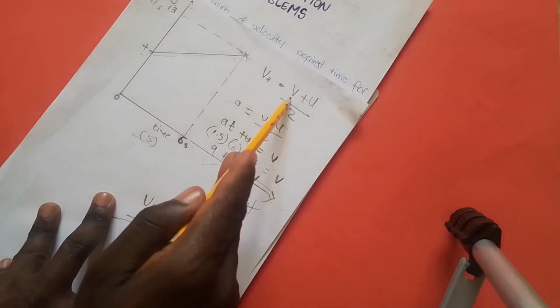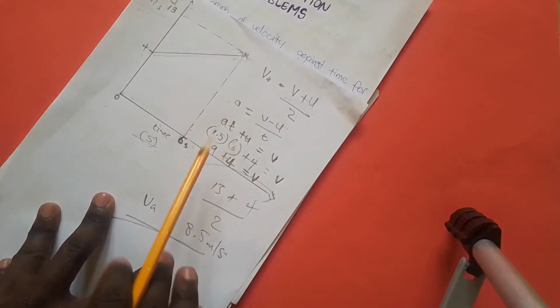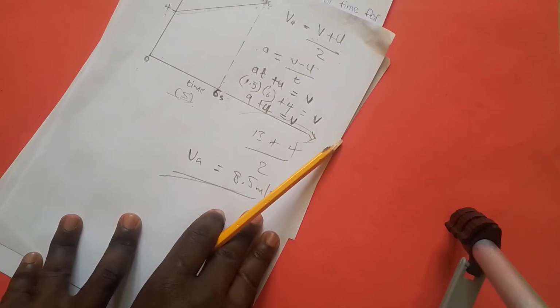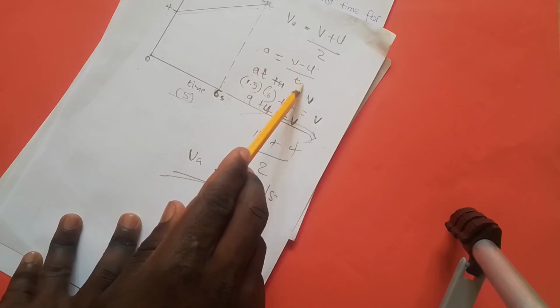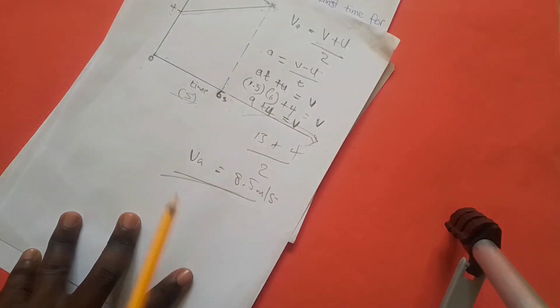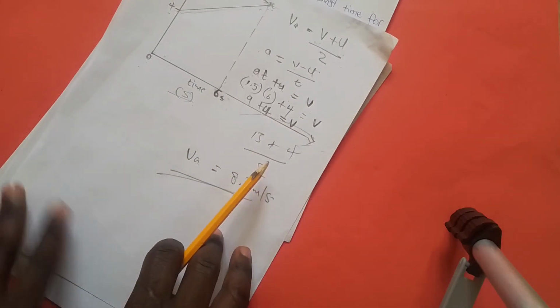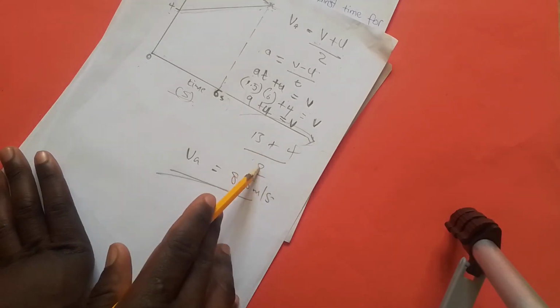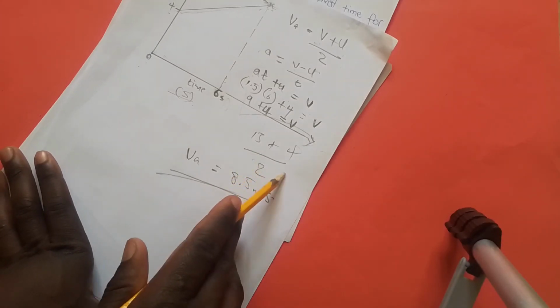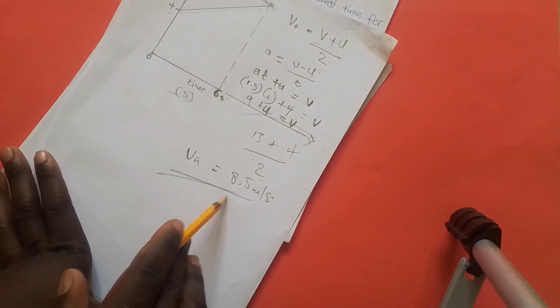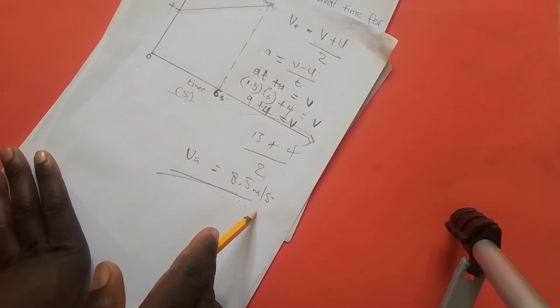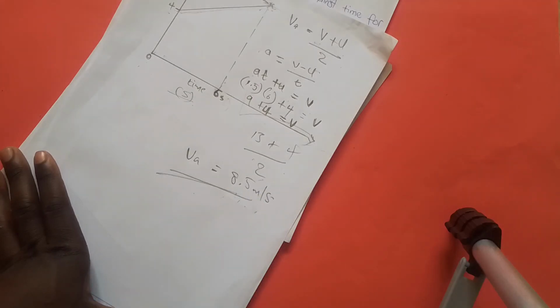So we now have our final velocity, and the average velocity is equal to the final velocity plus the initial velocity over 2. So our final velocity is 13, plus the body was initially moving at 4. So 13 plus 4, which is 17, divided by 2, the average velocity is going to be equal to 8.5 meters per second. So let's move on to question 2 now.